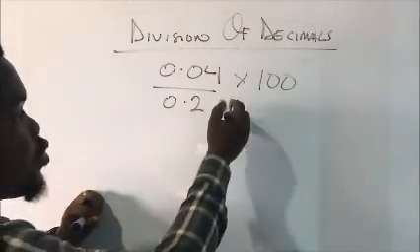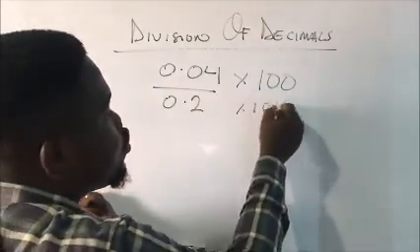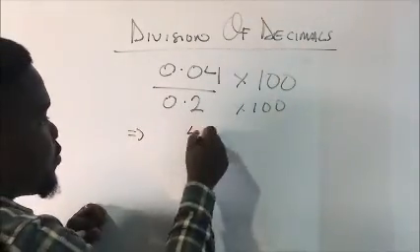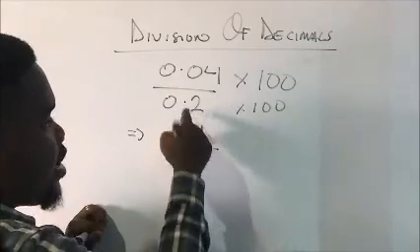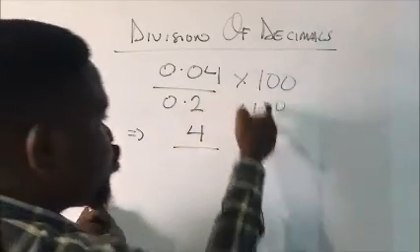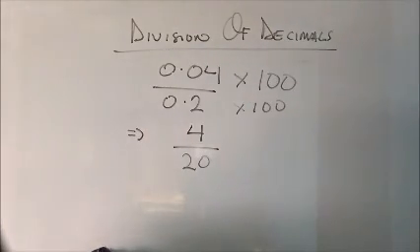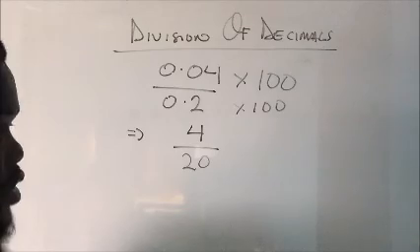And whatever you do to the top, you do to the down. So we end up getting 4 over 20. Very simple.